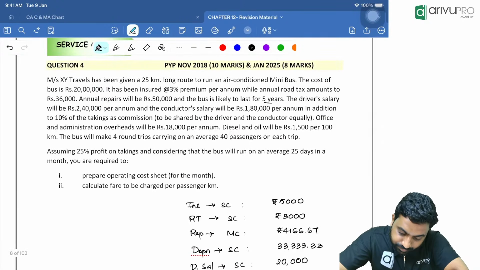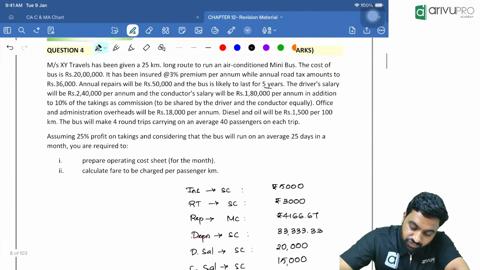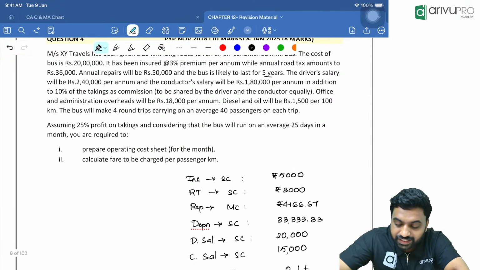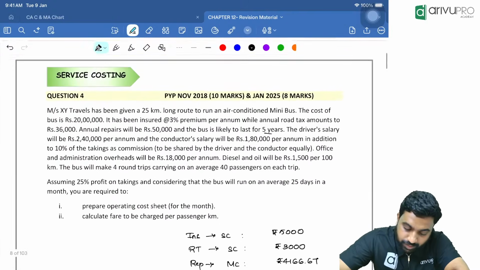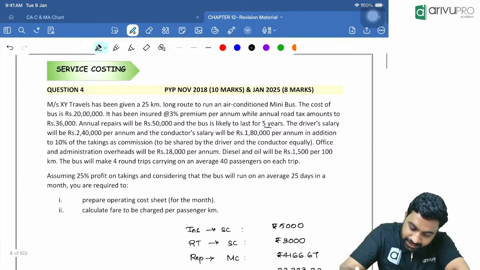Next, diesel and oil will be 1,500 per 100 kilometers. So we want to know how many kilometers we are traveling. The bus will make 4 round trips carrying on an average 40 passengers on each trip. Did they say how many days in a month? 25 days.